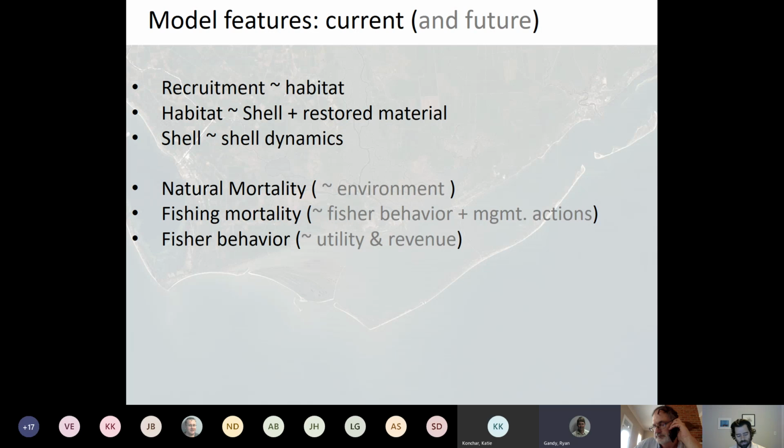So I think it's something that over time, as we rebuild those bars, your model may come to represent what a recovered resource would be, or at least the potential for a recovered resource. But in the short term, relating to management strategies, it might miss, given that we've got a depleted resource until we get enough shell on the bottom out there.